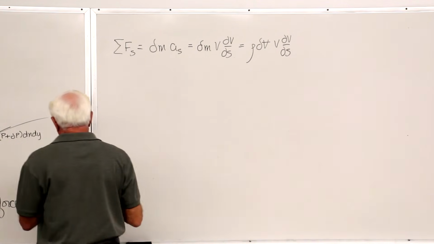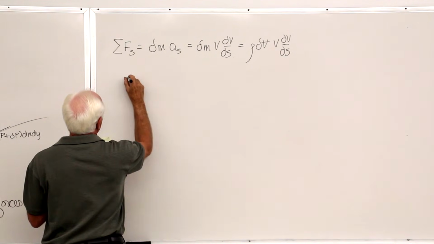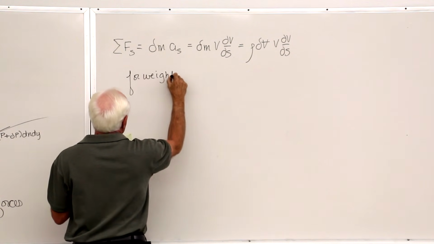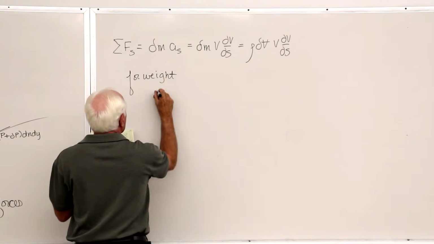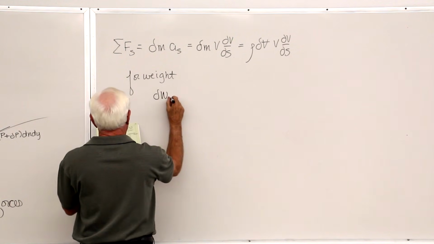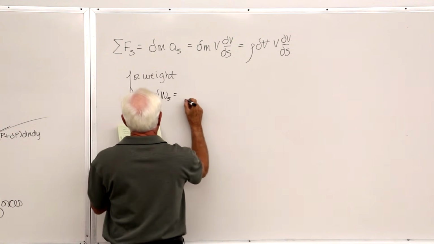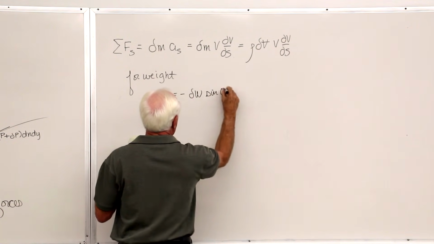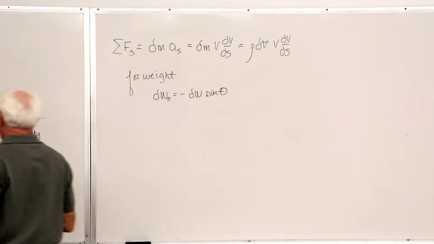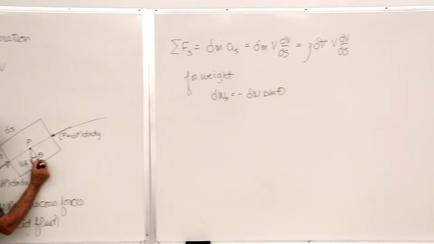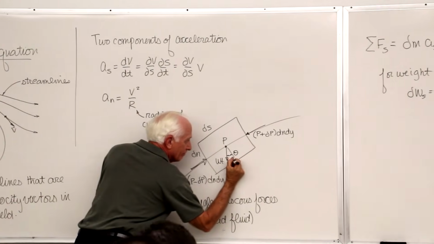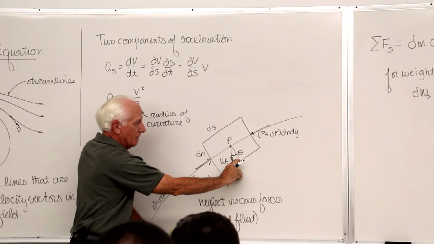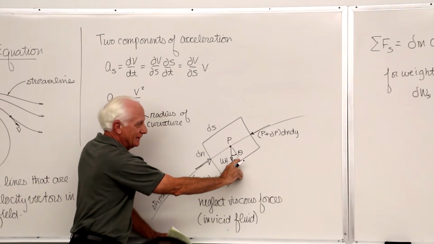Okay. And for the weight, delta W, the weight in the S direction, minus delta W sine theta. That little guy right there is the component of the weight in the S direction.